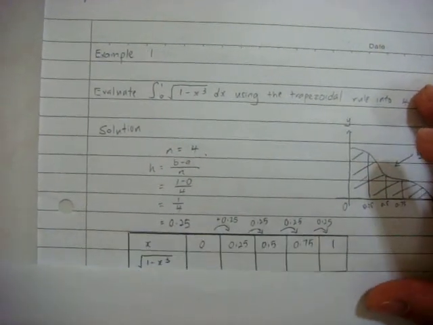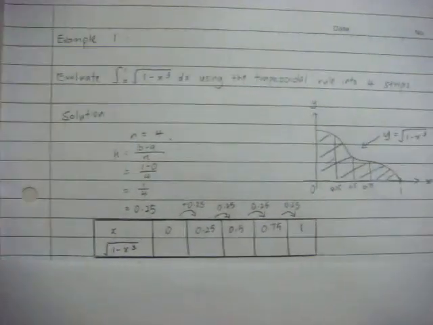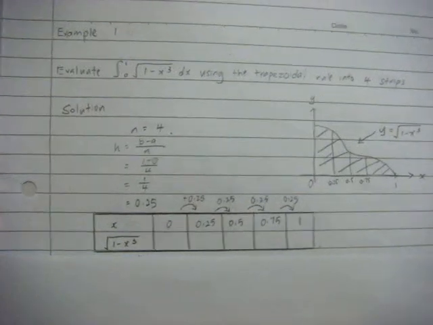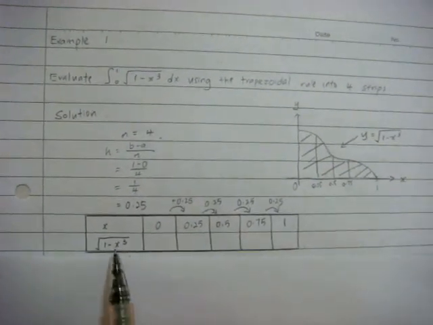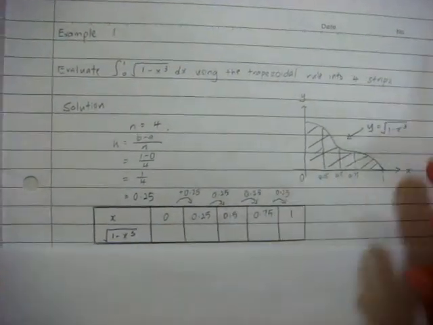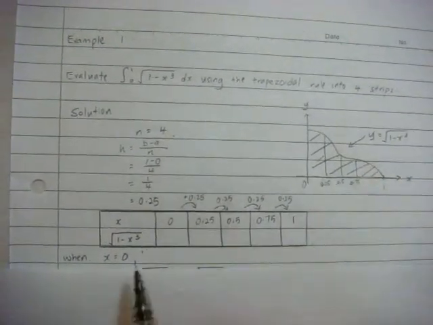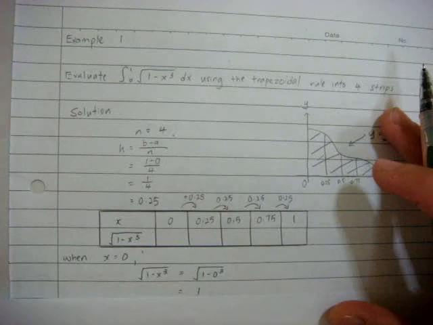Next, we construct a table where x is increasing by 0.25. And to find the value of the square root of (1 minus x cubed), we substitute x equals 0 into it, and therefore we get 1.